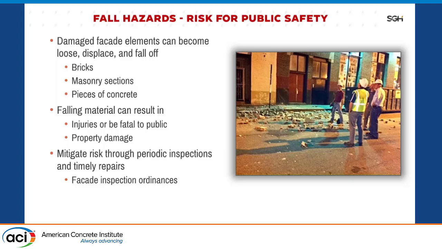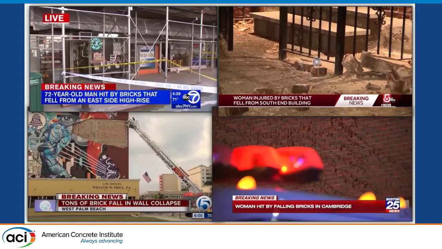So they become a real hazard because it can result in property damage, but what is worse, it could result in injuries or be fatal to people. So the potential for fall hazard can be mitigated through periodic inspections and timely repairs. And that's the intent of the facade inspection ordinance, which I'm going to refer to shortly after this.